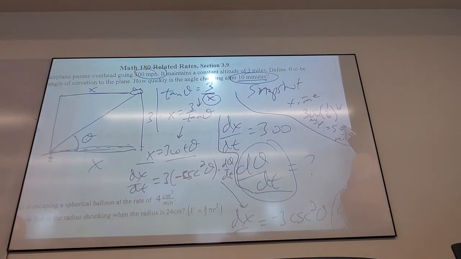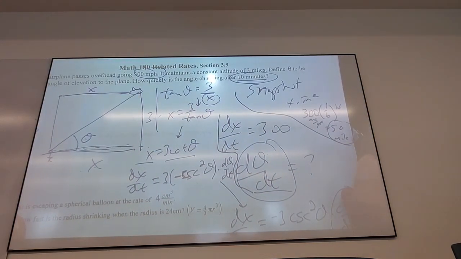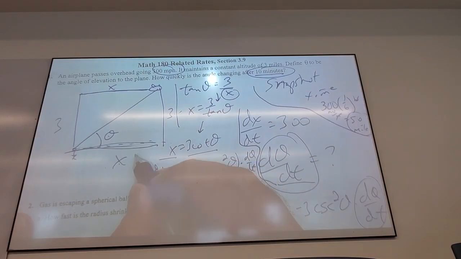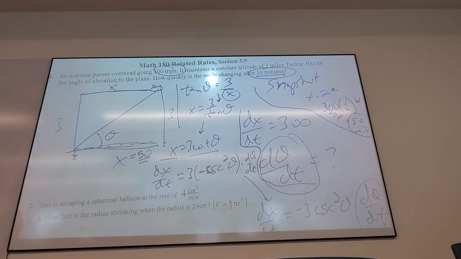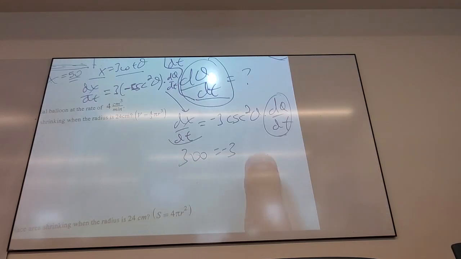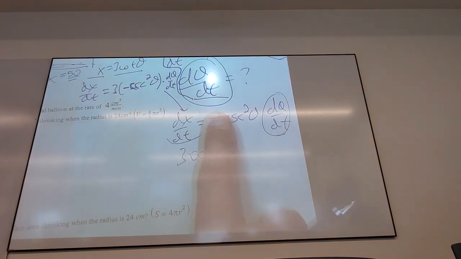So now we know that x is 50 at the snapshot time. Now look what comes into play. I want to know the cosecant, don't I? Because we have the answer staring us in the face, I just need to know what cosecant theta is.